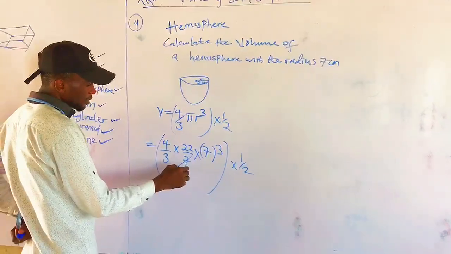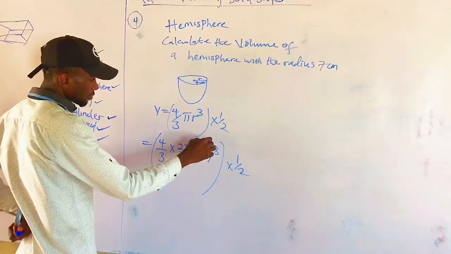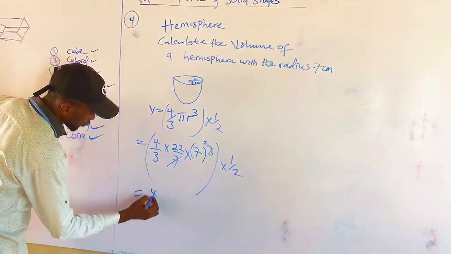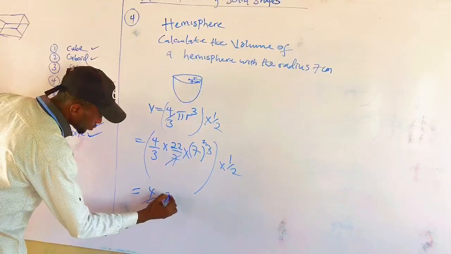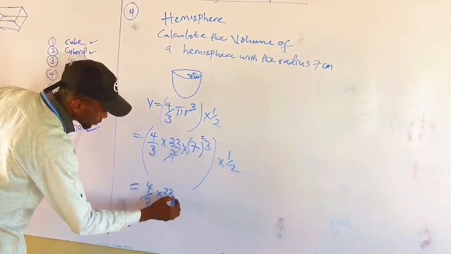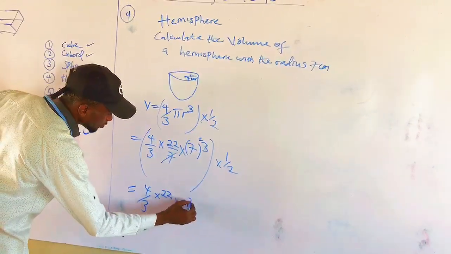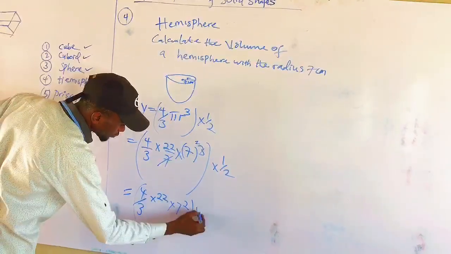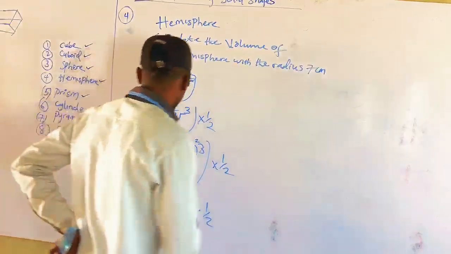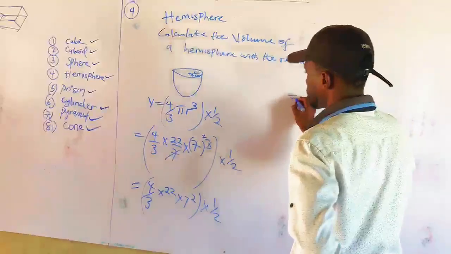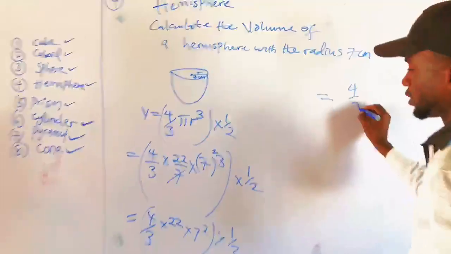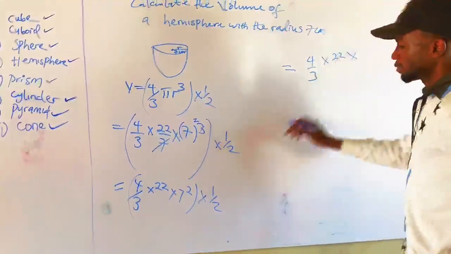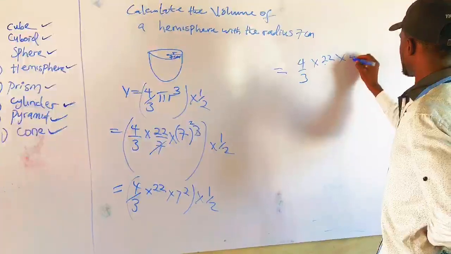This 7 can cancel one of these to make it 7 raised to the power of 2. So this is now equal to 4/3 times 22 times 7 raised to the power of 2, which is 49.